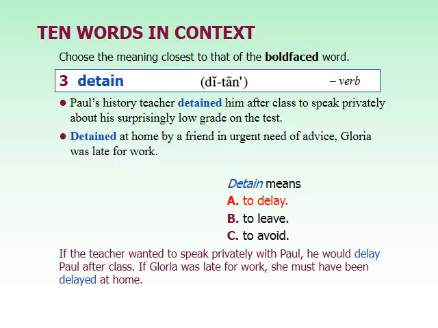So one of the times that we sometimes use detain is with the police. If the police detain you, it doesn't mean that they put you in prison. They didn't arrest you and put you in jail and then you have to be there for a long time. But detain means that they're holding you for a certain period of time, that they're stopping you from continuing on what you were going to do.